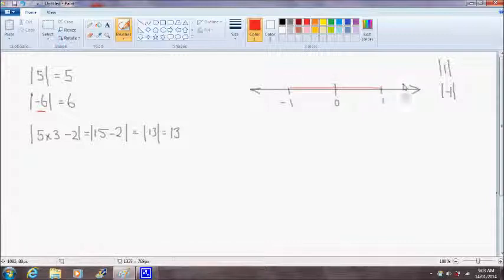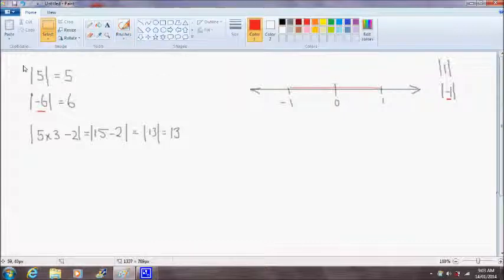So some people like to think of it like that. It's easier just to say that if the number is negative inside of the bars, then it comes out to be positive anyway.